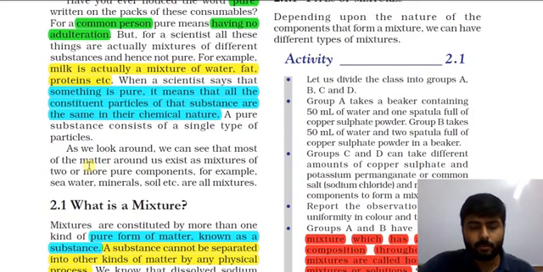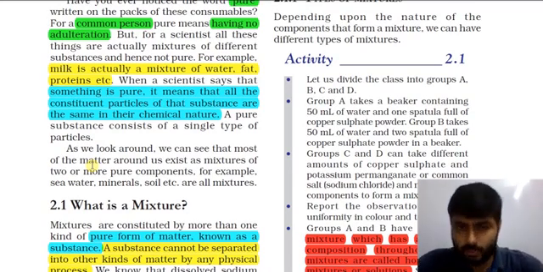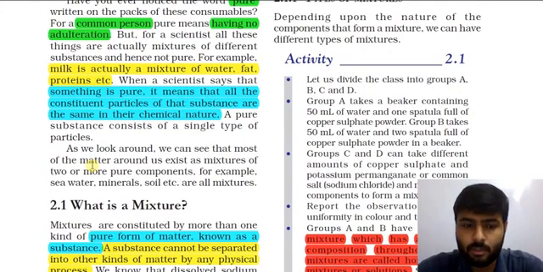As we look around, we can see that most of the matter around us exists as a mixture of two or more pure components. So almost everything around us is a mixture of two or more pure components. For example, seawater is a mixture of salts and water.